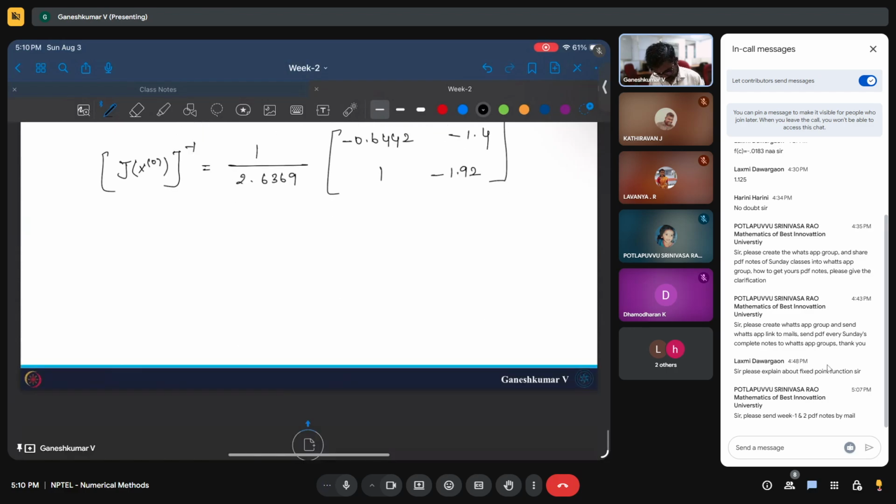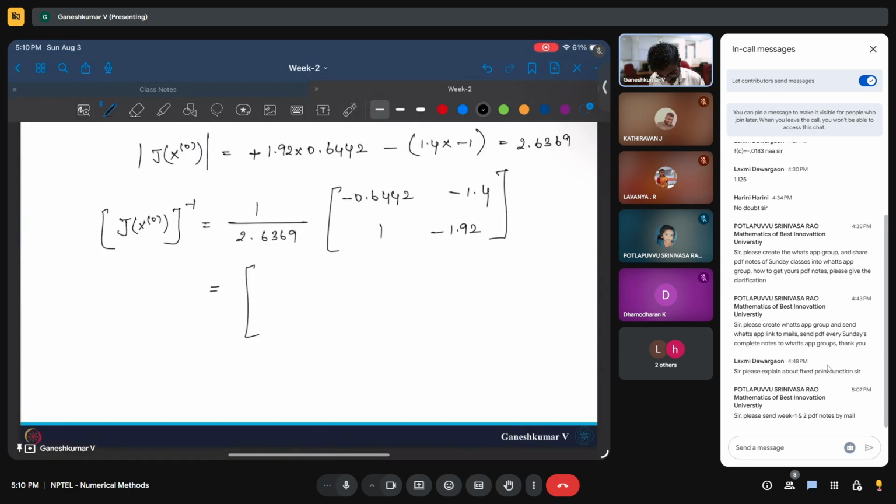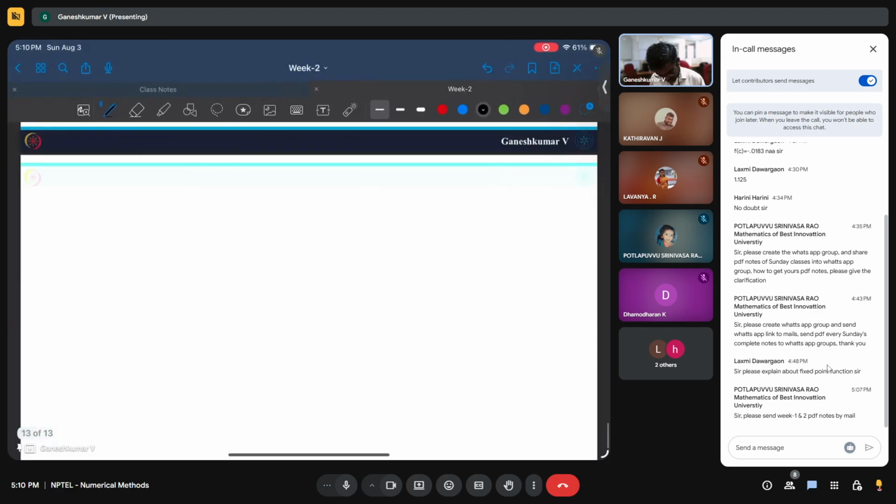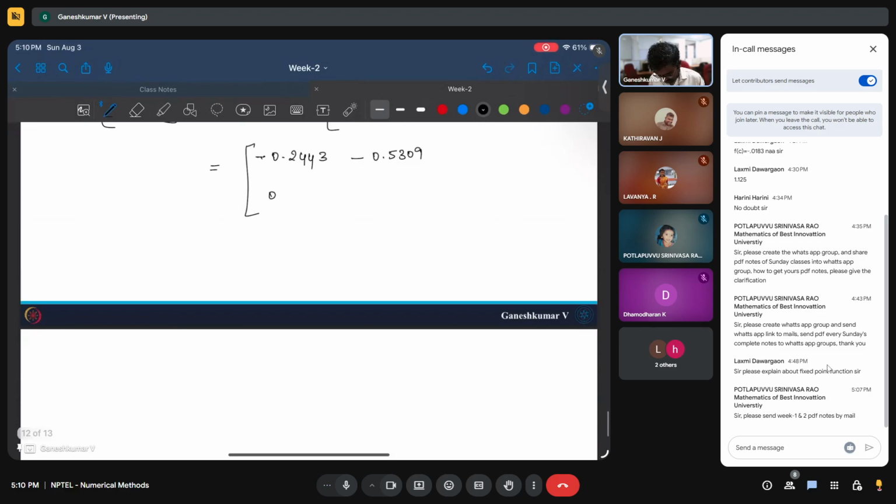Okay, so if you substitute them, this becomes minus 0.2443, 0.5309, 0.3792, minus 0.7281. Okay, this is your Jacobian matrix evaluated at the initial iteration.